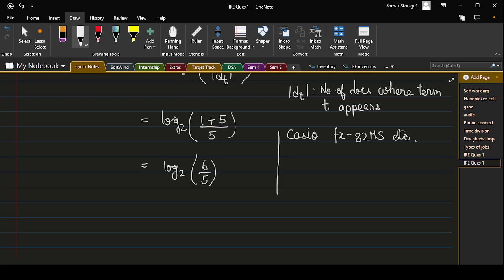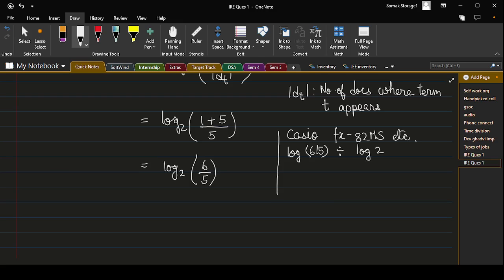So we'll just calculate log, which is there in the calculator buttons, and then we'll input 6 divided by 5, right? I want you to do this along with me so that you are comfortable with this, and then I'll just divide this with log of 2.